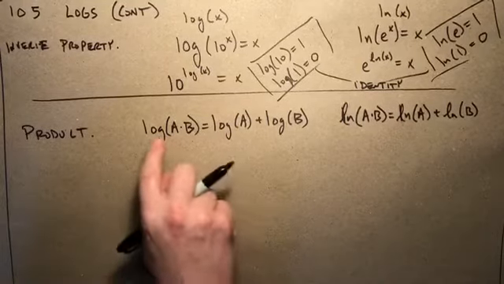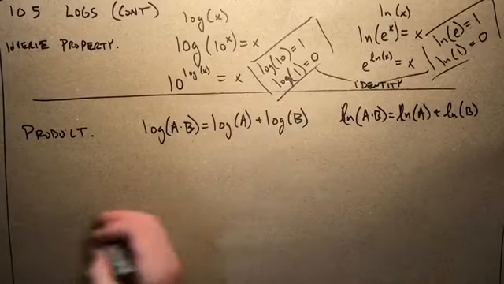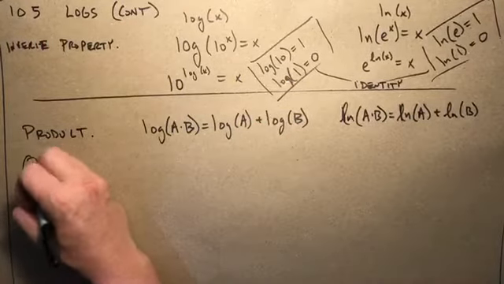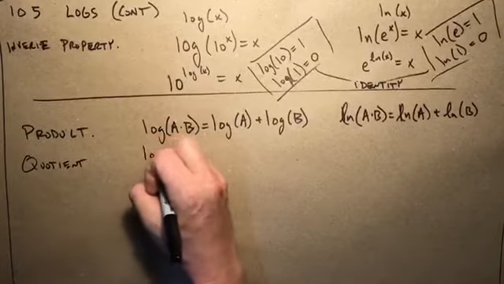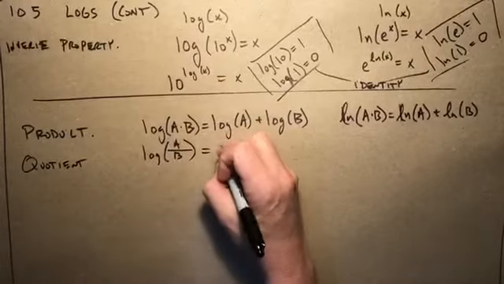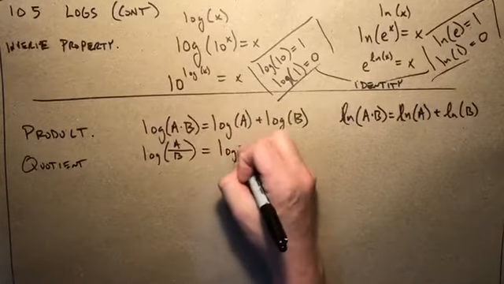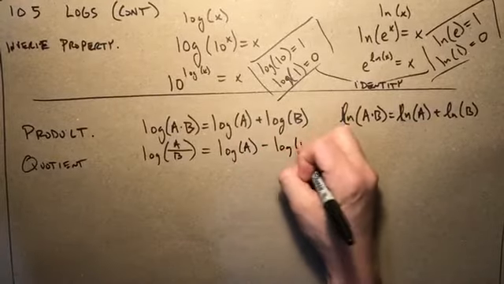Similarly to the log of a product being equal to the sum of the individual logs, I can talk about a quotient, that the log of a over b is equal to the log of a minus the log of b.